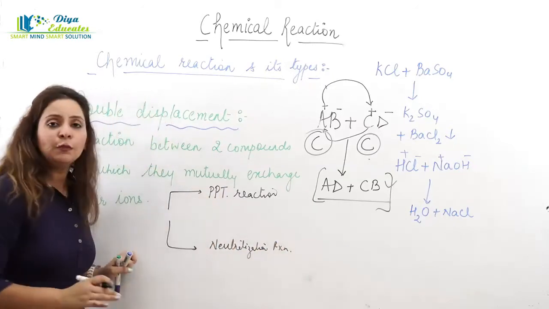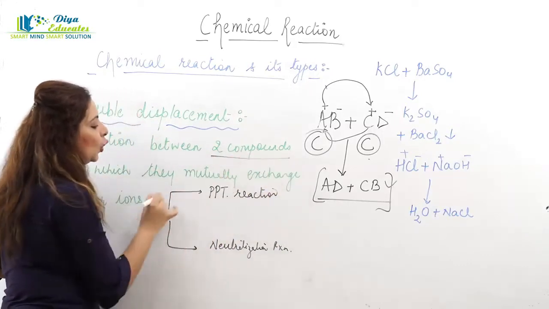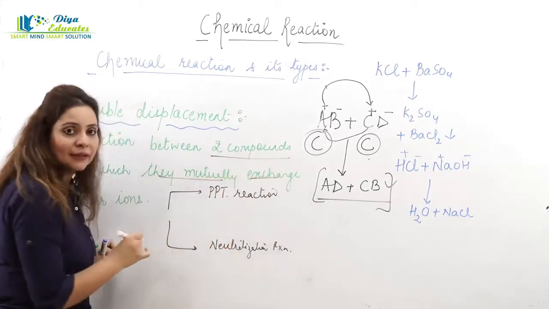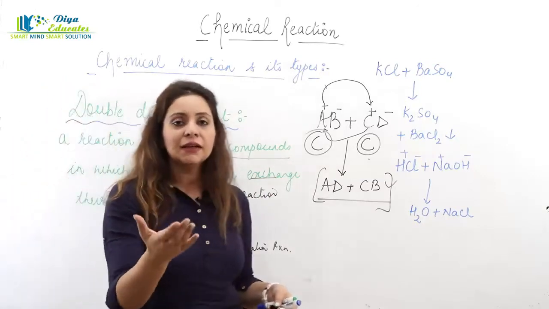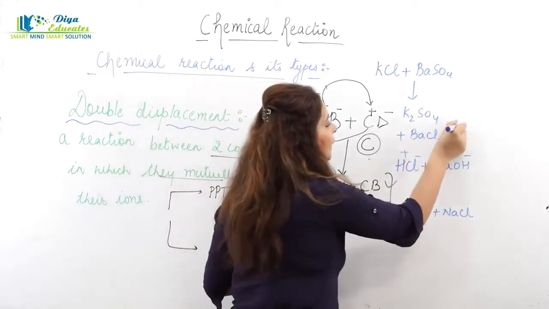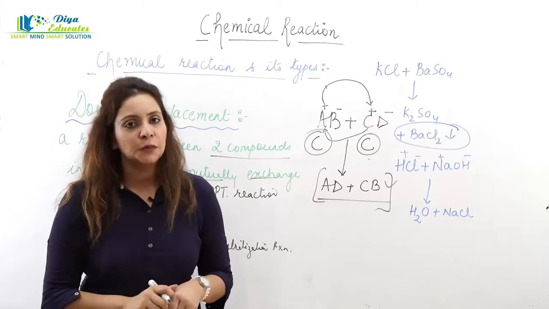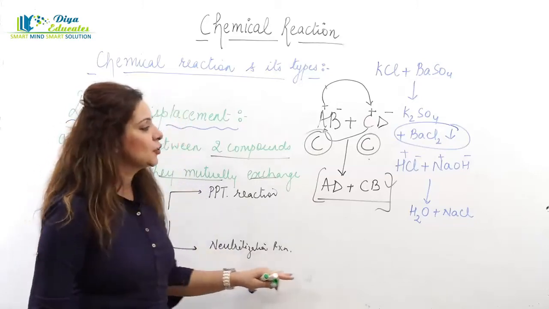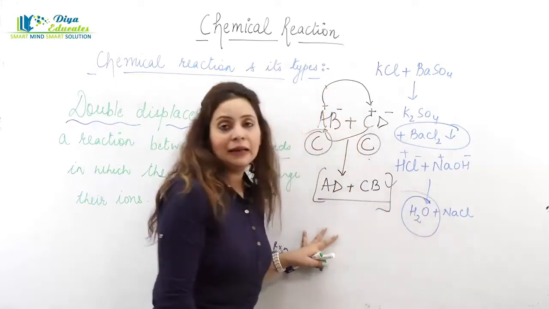But the basis of both reactions remains the same, that two compounds will be involved and they will mutually exchange their ions. But in a precipitation reaction, when they exchange their ions, it will lead to the formation of an insoluble substance that stays behind, that is a precipitate. And in neutralization, we'll get a substance which is neutral in nature.